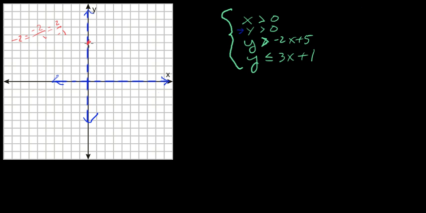I can start here. Negative 2 means I go down 2 and to the right 1. Or I can go up 2 and to the left 1. Either one would work, and they all give me the same thing, and that's my line. And I can draw this here.